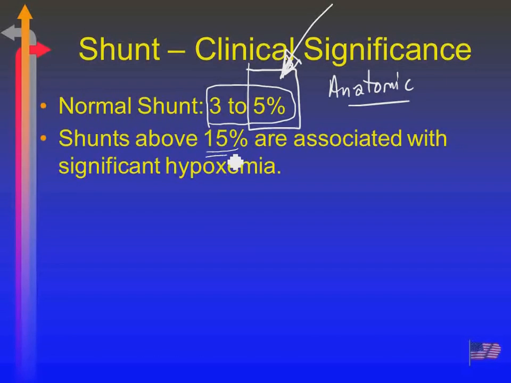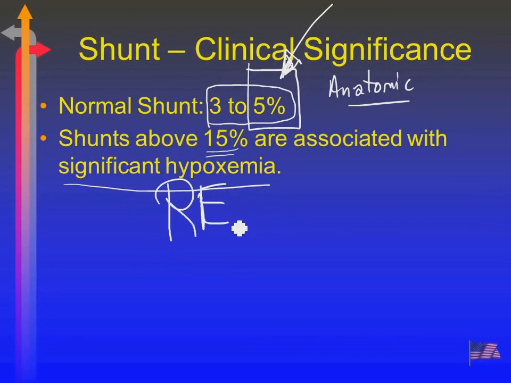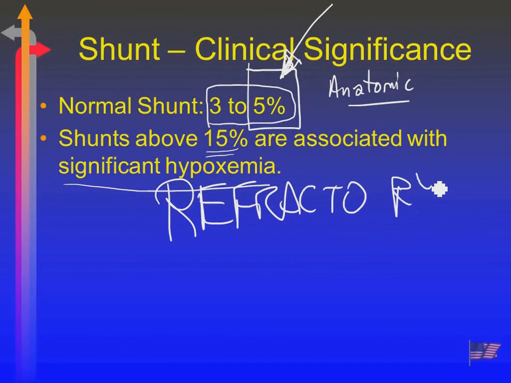And when you start getting to values above 15%, you start seeing some profound hypoxemia. That is refractory. O2 might help slightly, but it's not going to help to the extent you think it's going to help. So the answer isn't to turn up the FiO2.